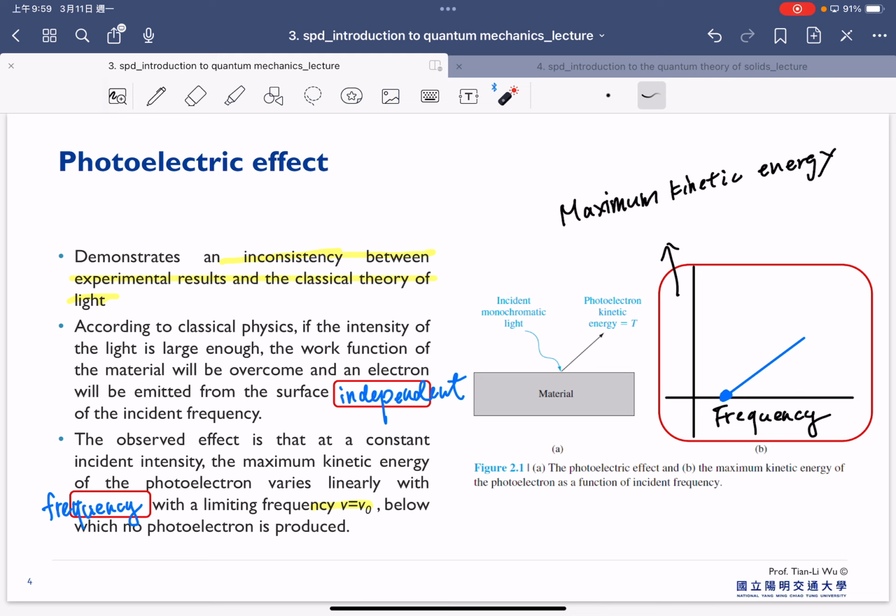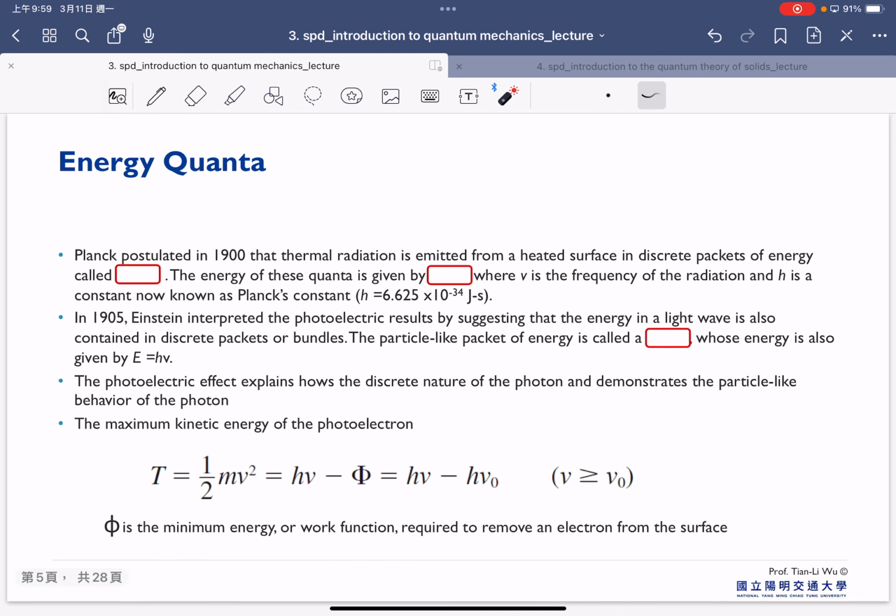And the next concept is the energy quantum. This comes from Planck. He made this assumption in the 1900s, that thermal radiation is emitted from the heated surface in discrete packets of energy called quanta.